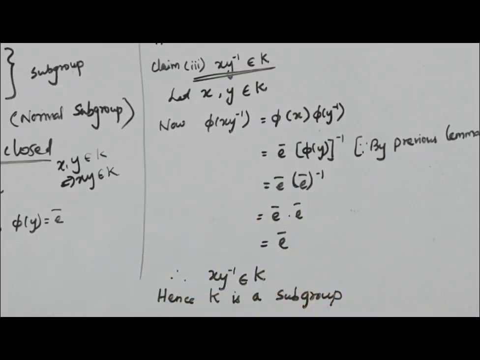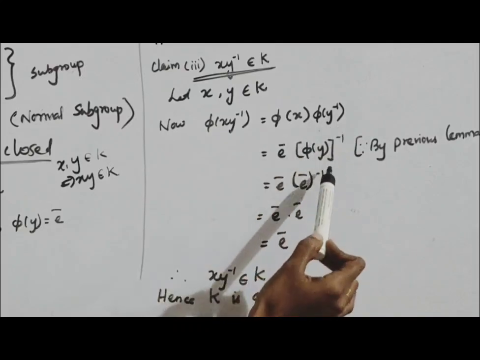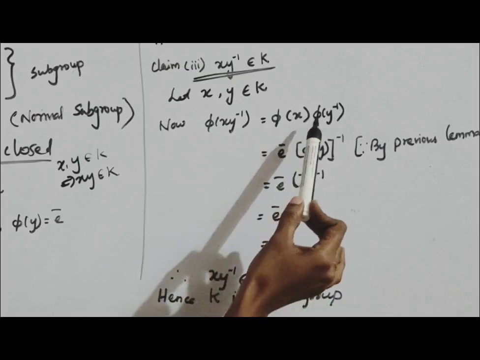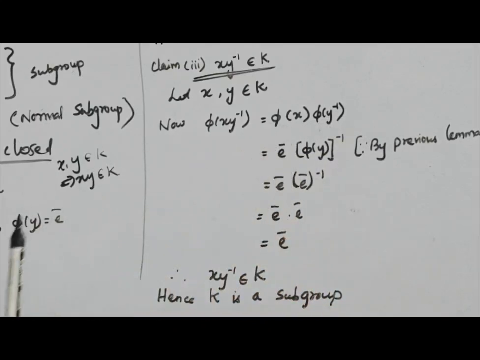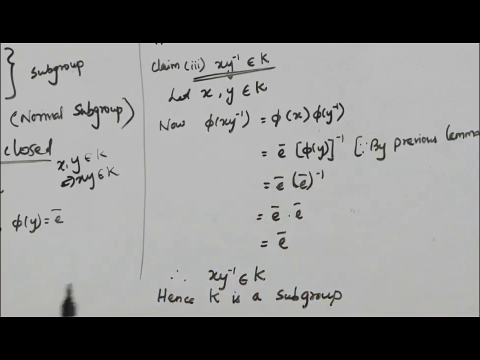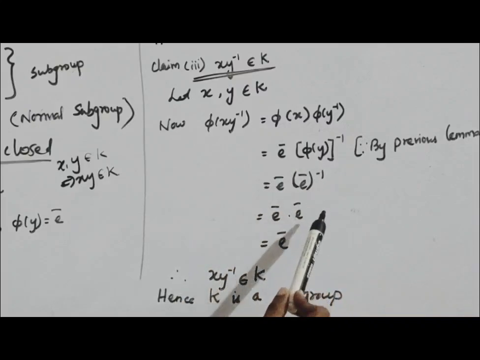By previous lemma, the second condition is phi of y inverse is equal to phi of y the whole inverse. What is the value of phi of x? e bar. What is the value of phi of y? Again e bar. So e bar into e bar the whole inverse. What is the value of e bar the whole inverse? Again e bar.